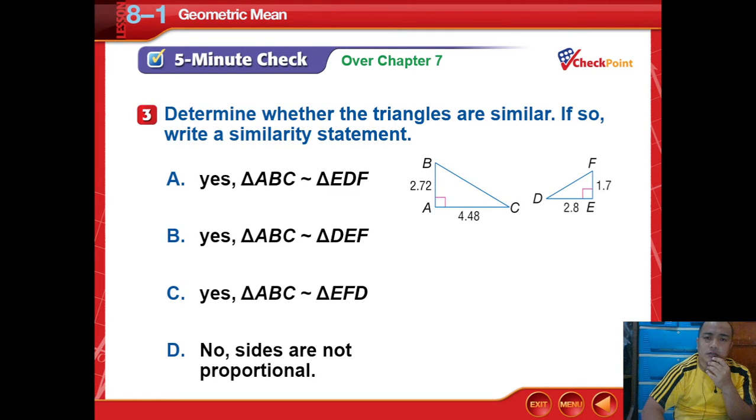Just try to see if the sides are proportional. 2.72 divided by 1.7, is it the same as 4.48 divided by 2.8? The answer is C, yes. Triangle ABC is similar to triangle EFD, because the sides are proportional.